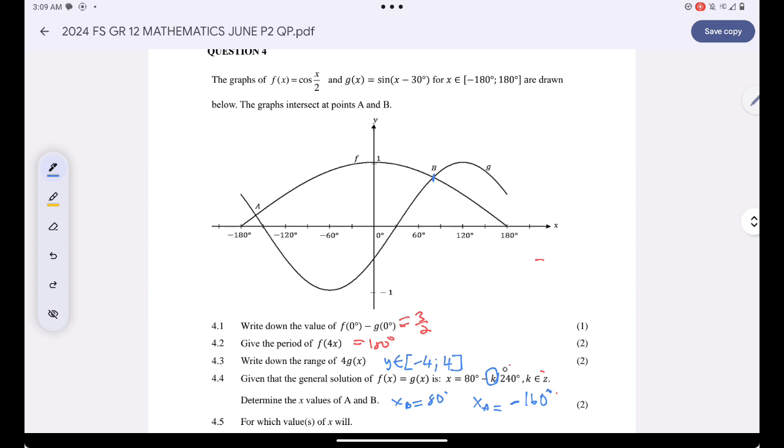So I'll have negative 160 here and then 80 here.